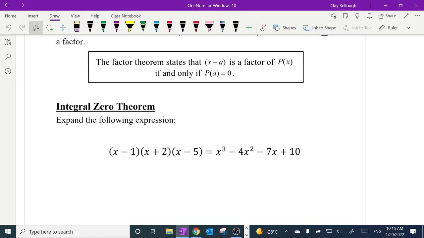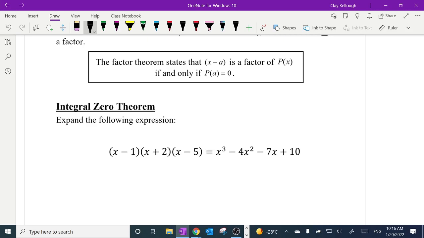So there it is, kind of algebraically stated. x minus a is a factor of some polynomial function p of x if and only if p of a is 0. So next is something called the integral zero theorem, which basically says that if you expand this, you get that.